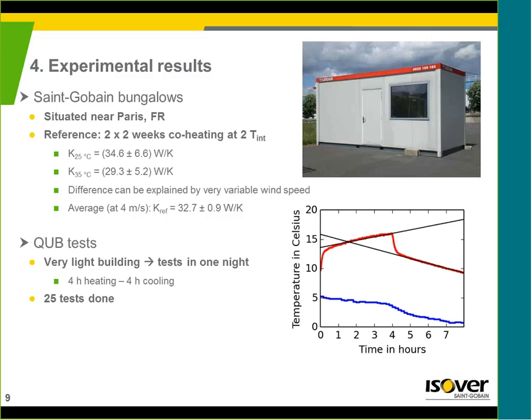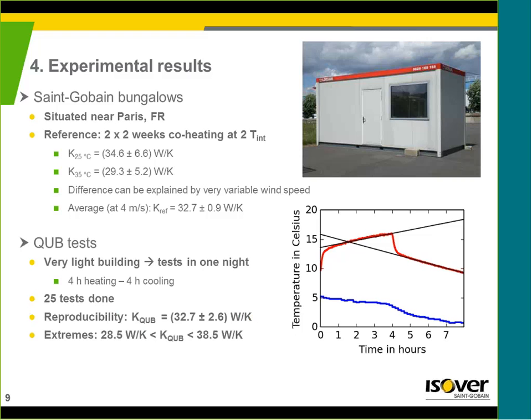The colleagues who worked on this part of the project did 25 tests, and the reproducibility showed an average value of 22.7 also, with a bit higher uncertainty or dispersion than for the co-heating test, of 2.6. So you can see that the value itself is the same as previously. I would not say that it means that we have a 0% error.